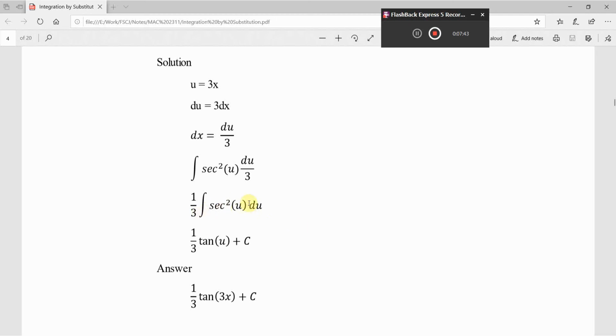The antiderivative of secant squared gives me a tangent, so I've got 1/3 tangent of u plus a constant. And now where the u is located, I'm going to replace that with 3x. So that gives me my answer, which is 1/3 times the tangent of 3x plus a constant.